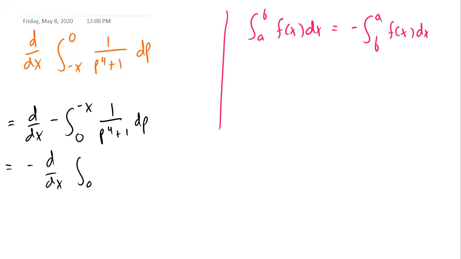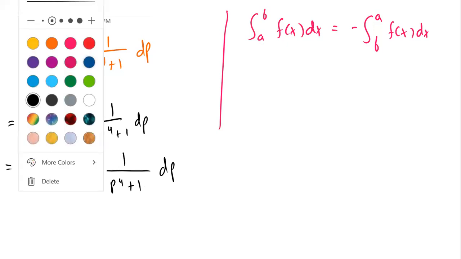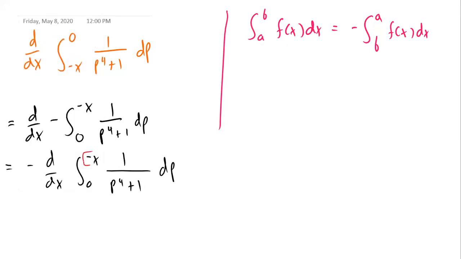So we end up with this thing here, which now almost looks like something we can just take the derivative of, just plug in x, almost. The problem is we don't have x on the top, we have negative x. And this is where we want to go back to the area function. So we want to write this in terms of the area function.